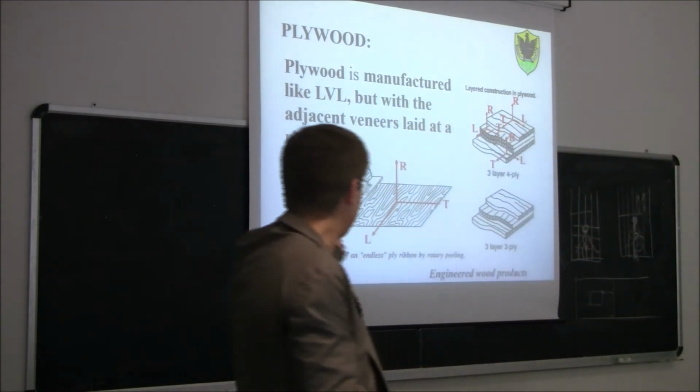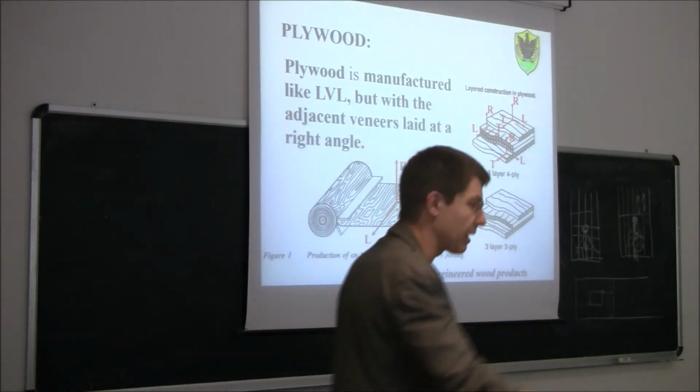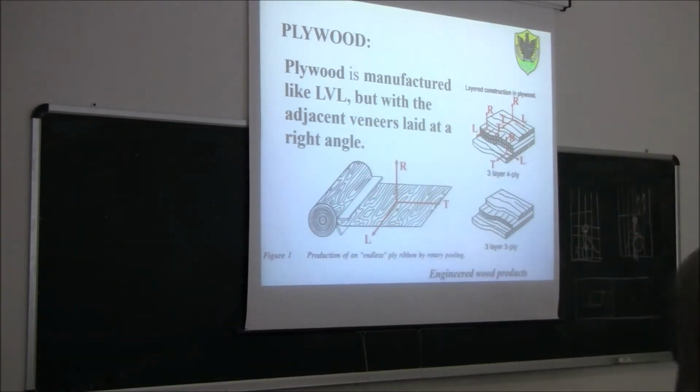So basically, plywood is based on this concept here. Some of the veneers are rotated by 90 degrees in order to create a product which is more isotropic in its plane. Plywood is an almost isotropic product in its plane.